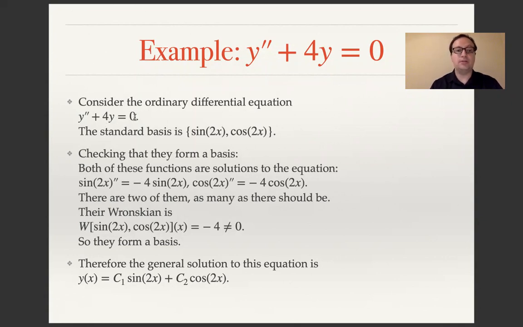It is homogeneous, so there are no terms that contain just the variable x. We have 0 on the right hand side, and it has constant coefficients. The coefficient of y double prime is 1, y prime is missing, so we can say it has the coefficient 0, and y has the coefficient 4.